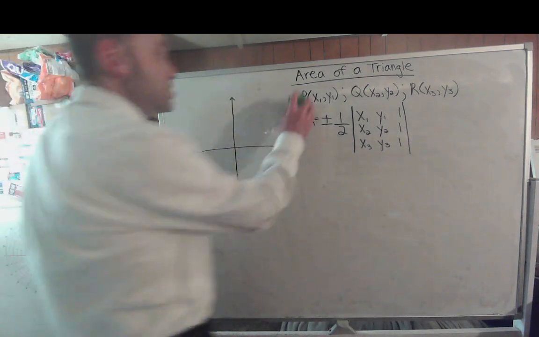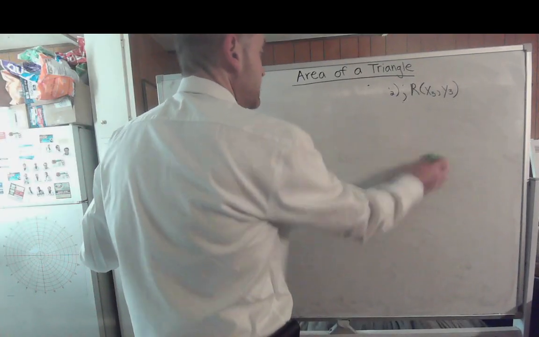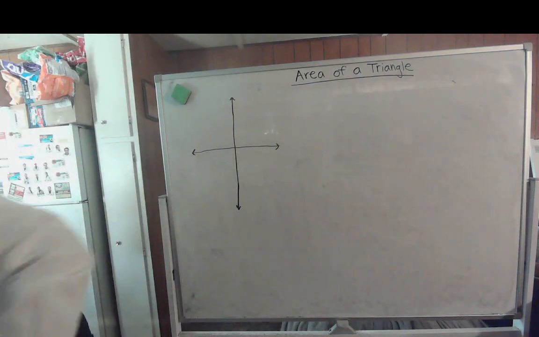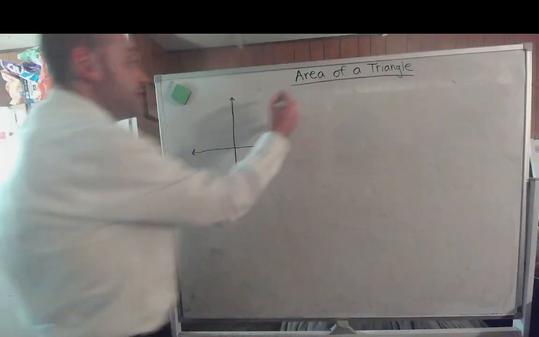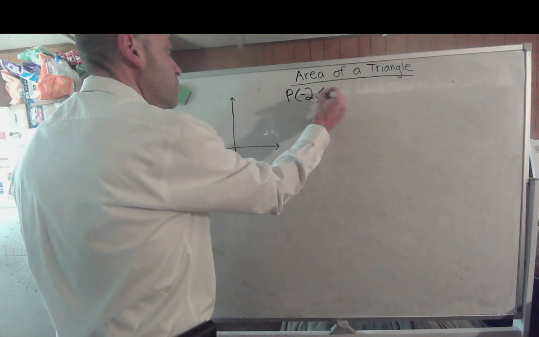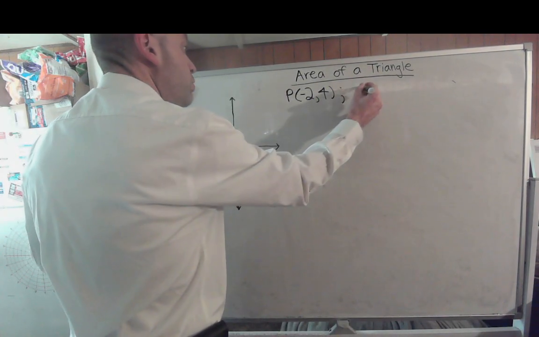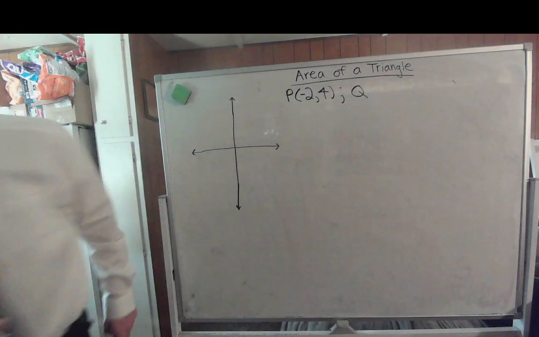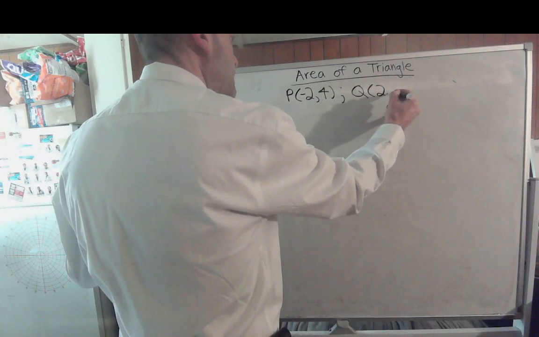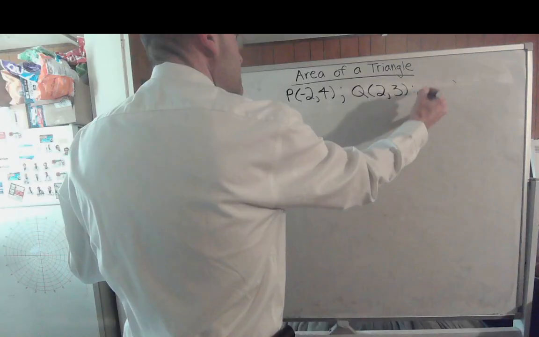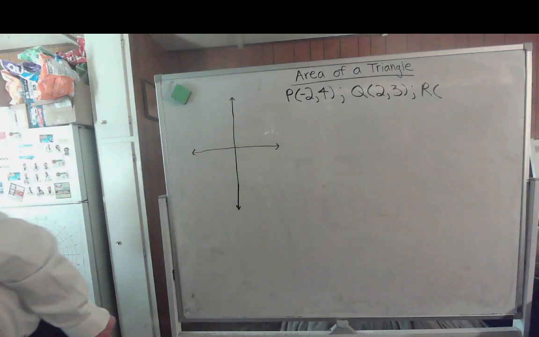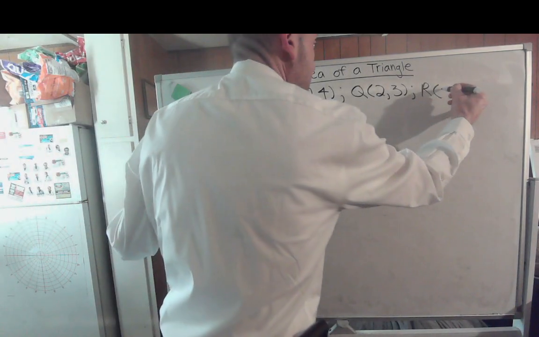Let's go ahead and do a couple of examples for finding the area of a triangle. Let's say I have point P given at the point -2, 4, point Q given at the point 2, 3, and point R given at the point -1, 5.